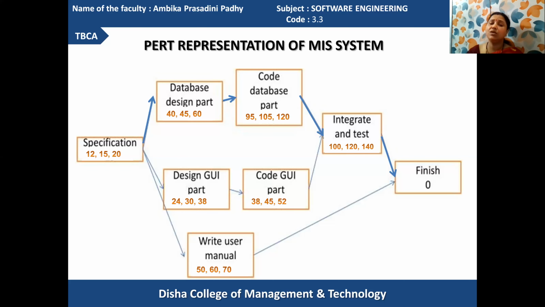It was estimated that it requires exactly 60 days, because user manual writing is different from testing. So it may complete its job within 60 days. The optimistic value is 50, and the pessimistic value you can use is 70. Got it? These are the PERT evaluations performed.